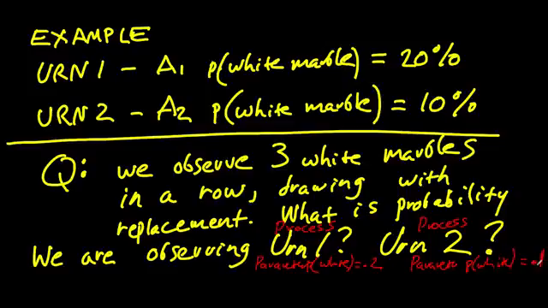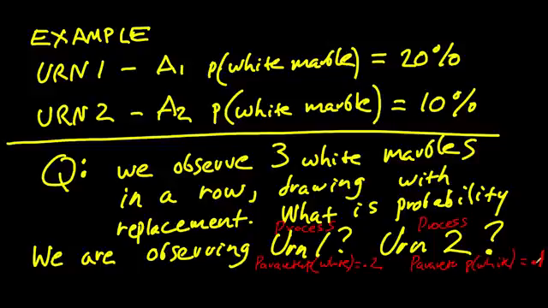Urn 2 is the process urn 2, or the parameter that probability of white on each individual draw is equal to 0.1. So in a more conventional forward probability problem, we're interested in the probability of a certain observed outcome given a known process. So for example, if we know that the urn is urn 1, that's a known process, then the probability that we would observe 3 white marbles in a row would be 0.2 times 0.2 times 0.2, or 8 1,000ths.